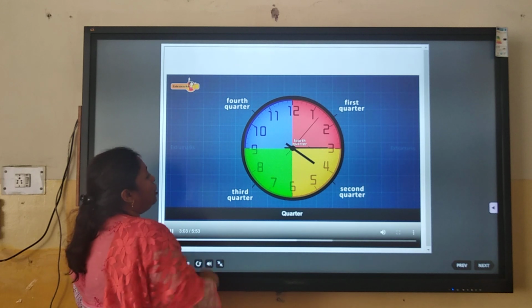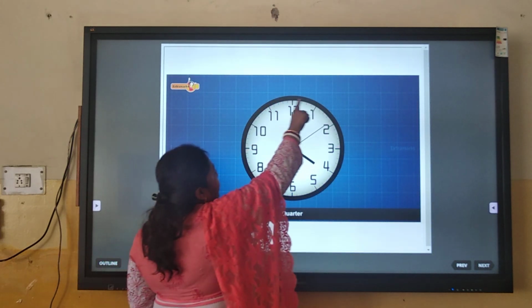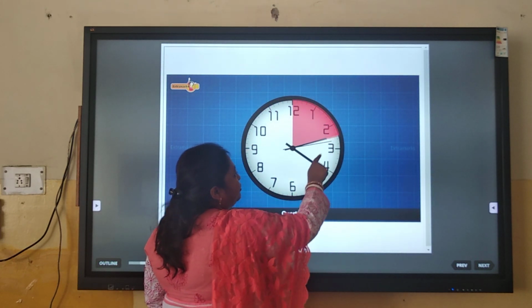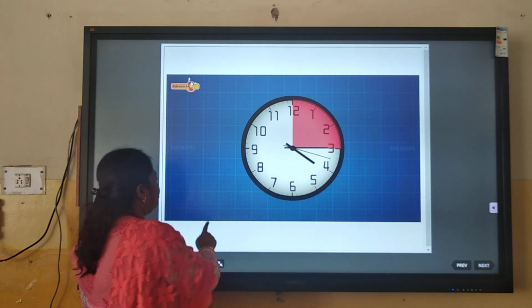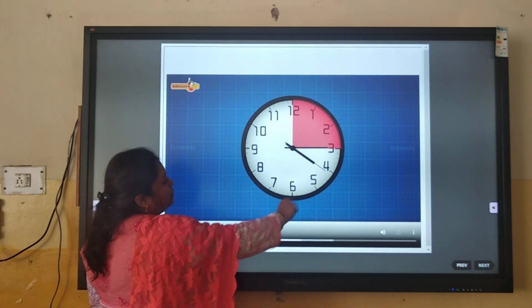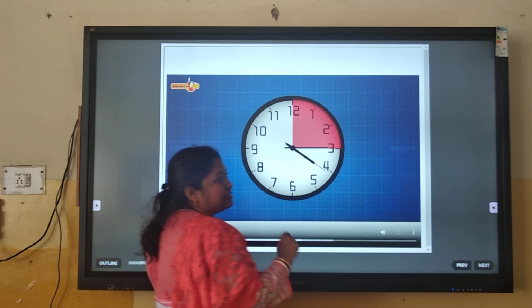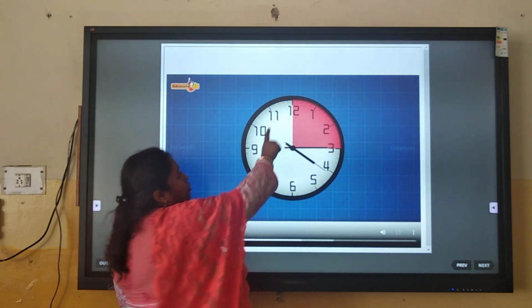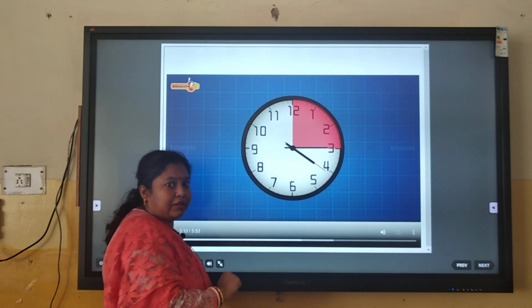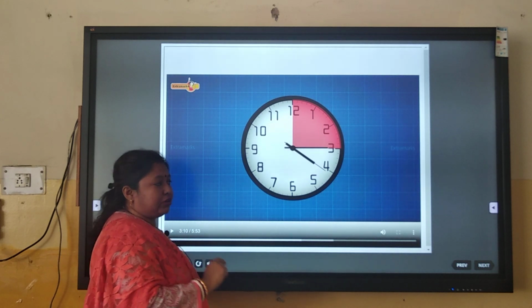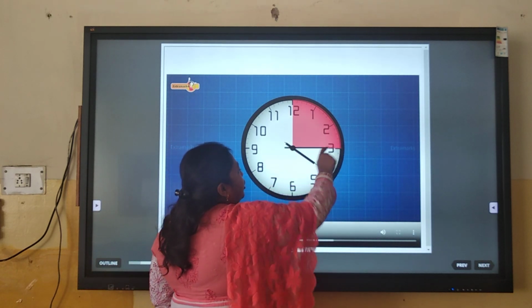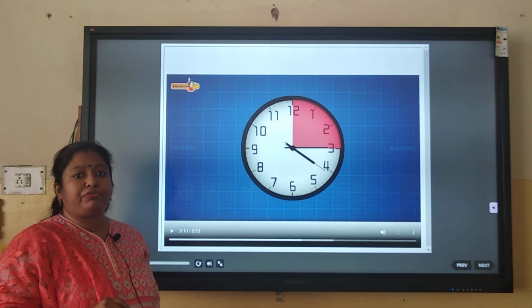So children, when the minute hand is on 3, we say quarter past, because it has covered 1 quarter of the face of the clock. And we can also say 4:15.